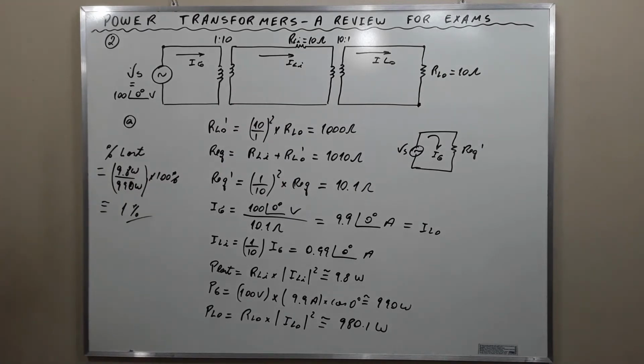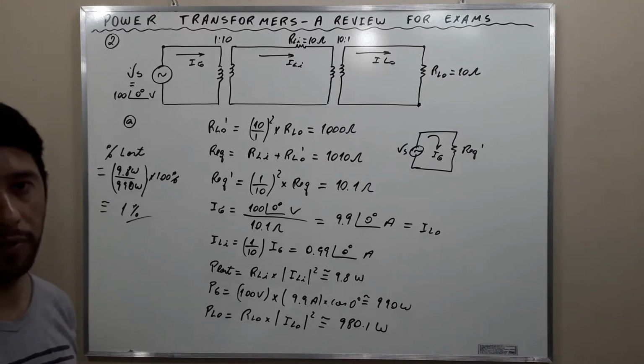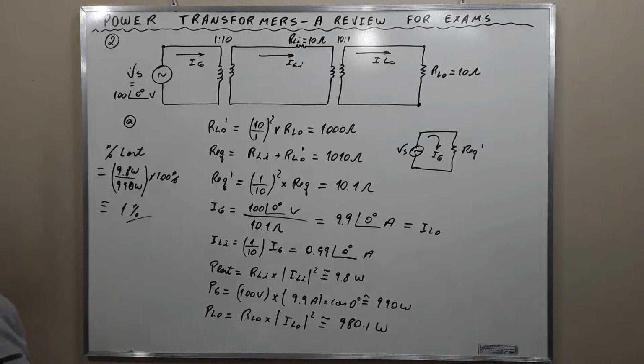And what is the conclusion that we get? We concluded that power transformers are very, very important for power systems. Because in letter A, when no transformers were being used, 50%, half of the generated power was being lost in transmission.